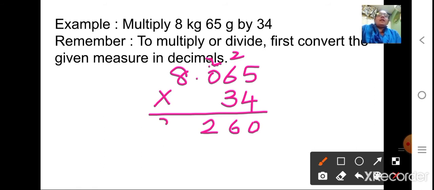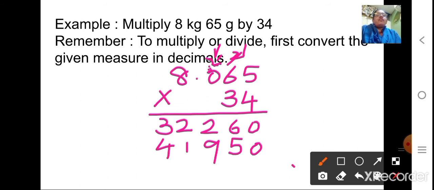4 8s are 32. Coming to the next number, that is the number in the tens place, that is 3. So in the ones place, you put a 0. 3 5s are 15, 1 carry over here. 3 6s are 18 plus 1, 19, 1 carry over here. 3 into 0 is 0 plus 1, that is 1. 3 8s are 24.